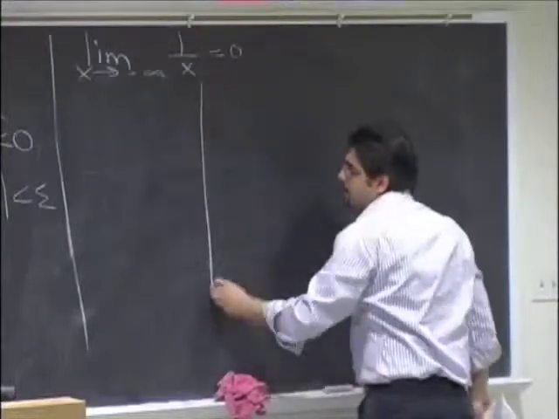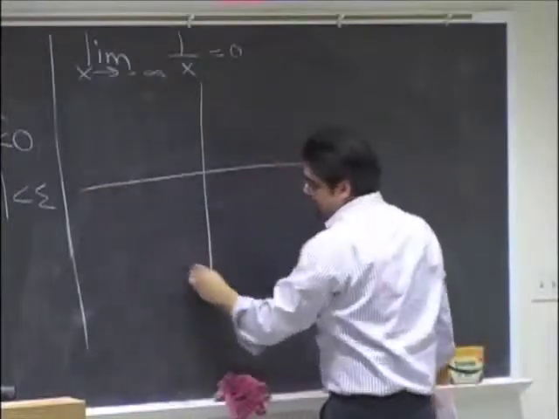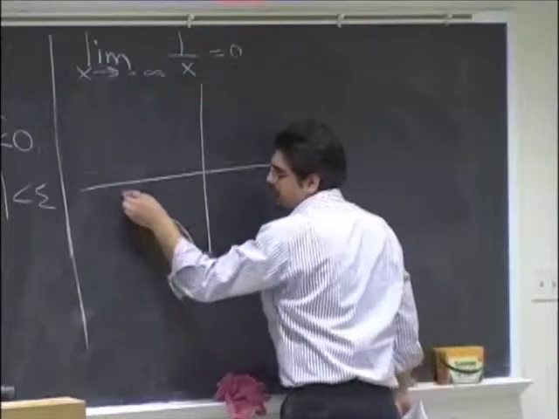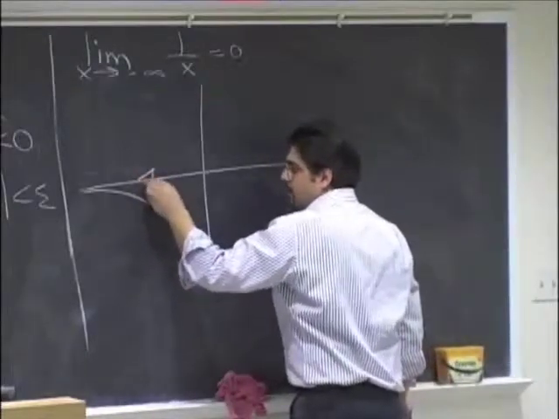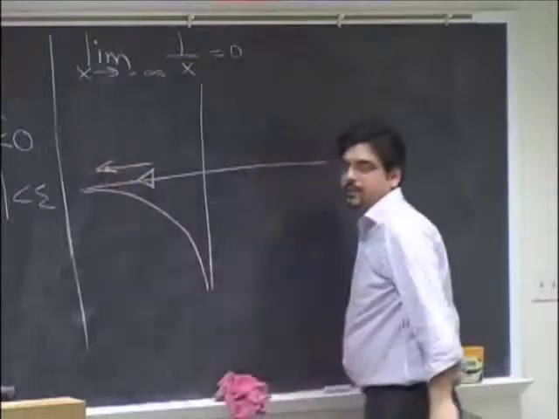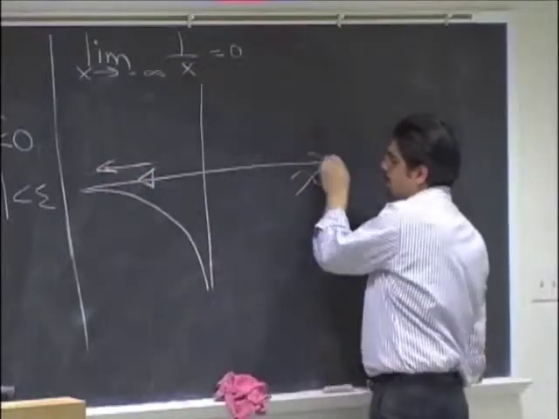And here's a picture for 1 over x in the negative quadrant. Again, x going to negative infinity means you're running to the far left on the x-axis.